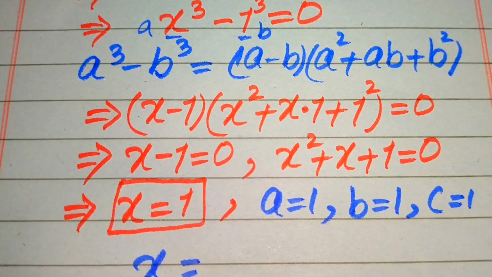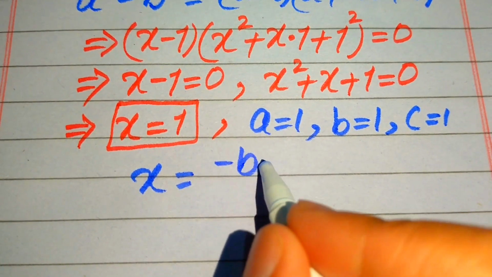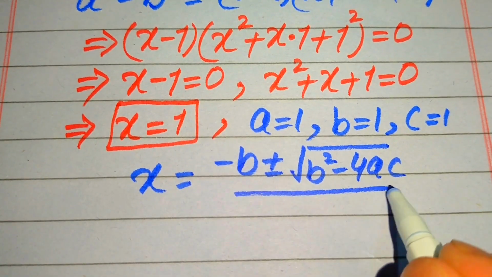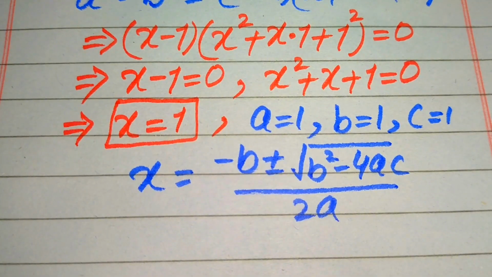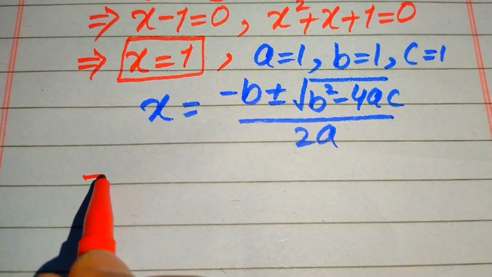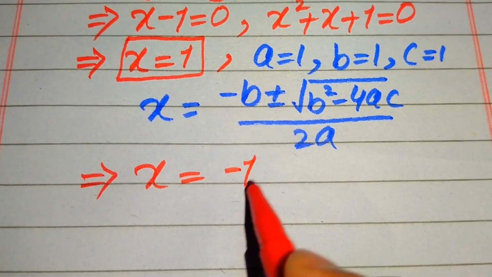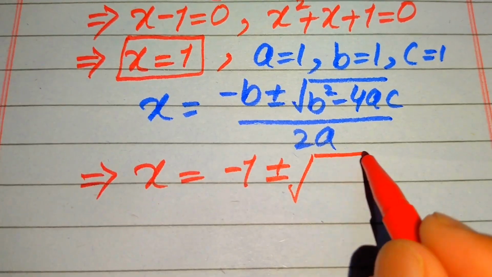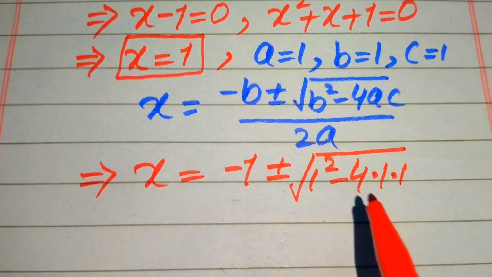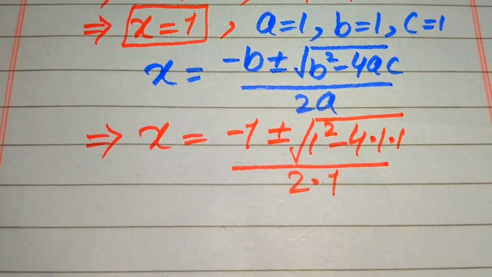The quadratic formula is x is equal to minus b plus or minus the square root of b squared minus 4ac, divided by 2a. Substituting the values of a, b and c, we have minus b, where b is 1, so it becomes minus 1 plus or minus the square root of 1 squared minus 4 times 1 times 1, divided by 2 times a, and here a is also equal to 1.